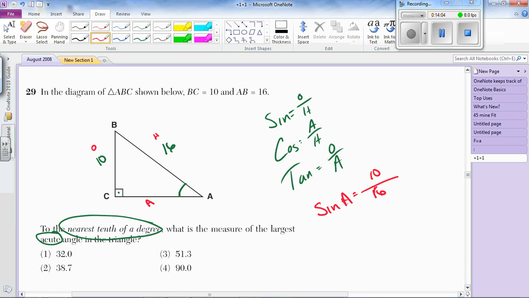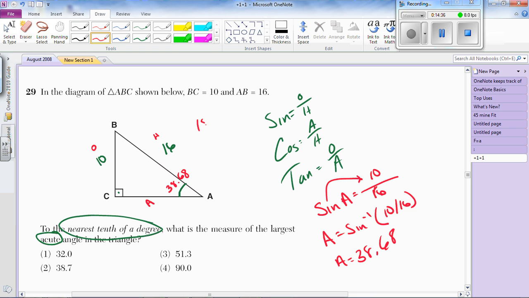Now to find A, don't forget I'm going to slide this over, and I'll say A is equal to sine negative 1 of 10 divided by 16. Therefore A equals 38.68.